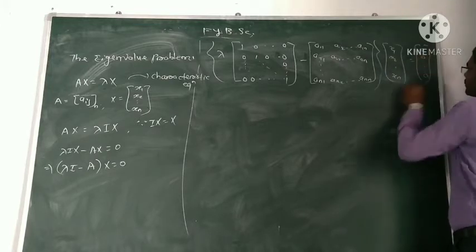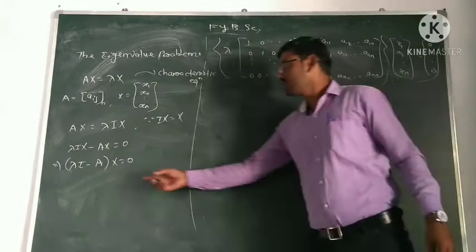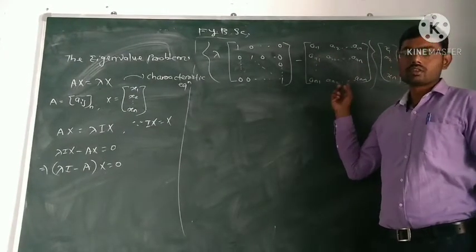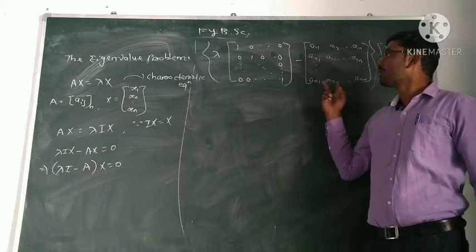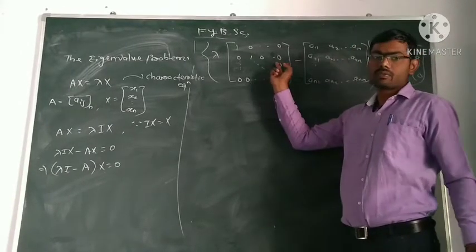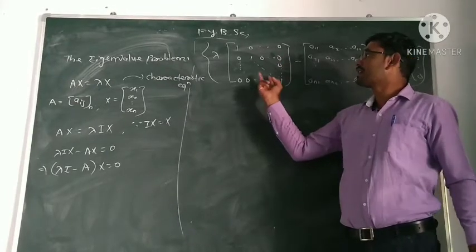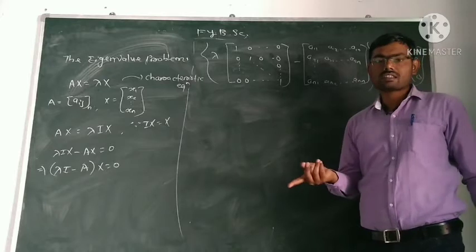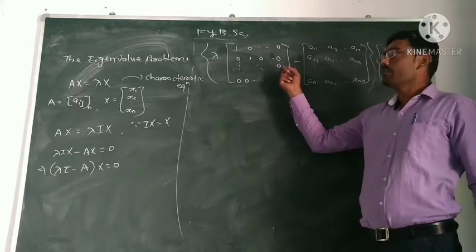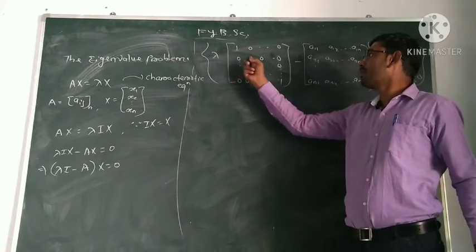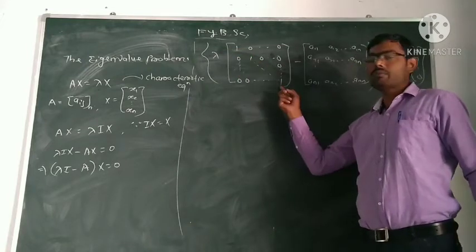This is our equation. Now we will solve this. Lambda into this matrix: we can multiply a matrix by a scalar, and each entry is multiplied by that scalar. The entry 0 remains 0 after multiplication, and only 1 times lambda is lambda, so the diagonal entries become lambda.